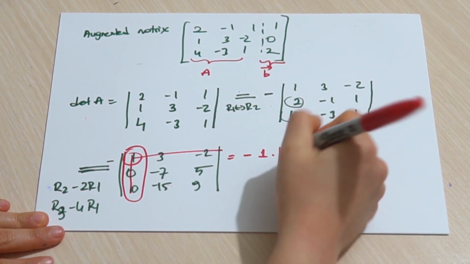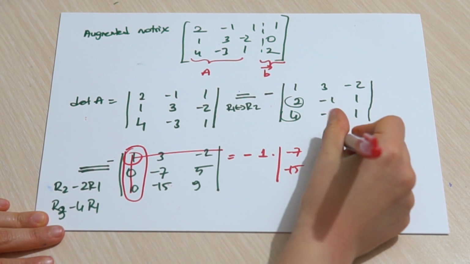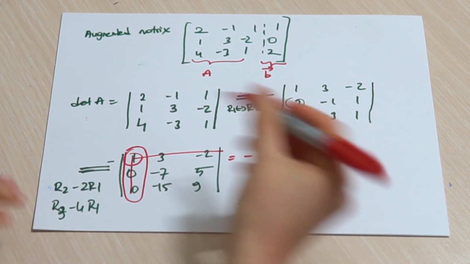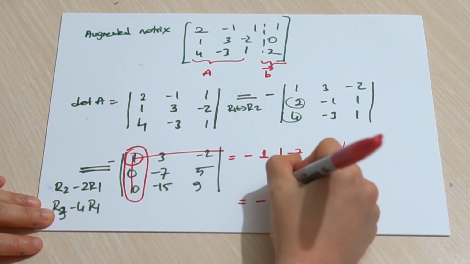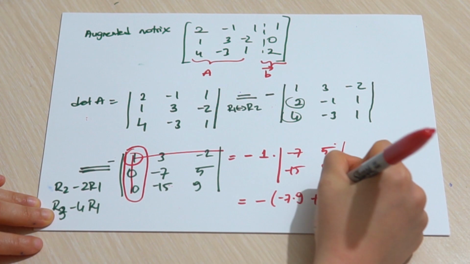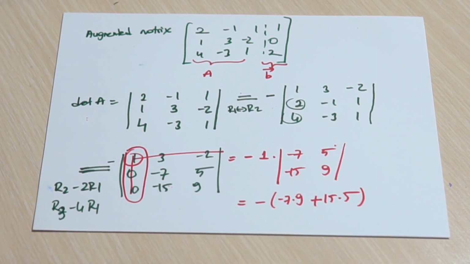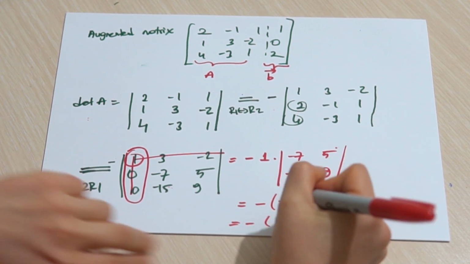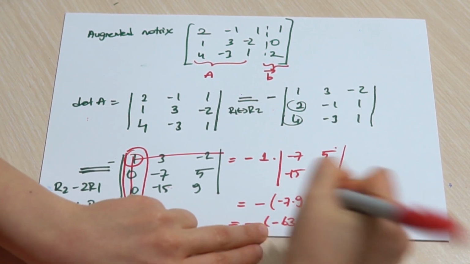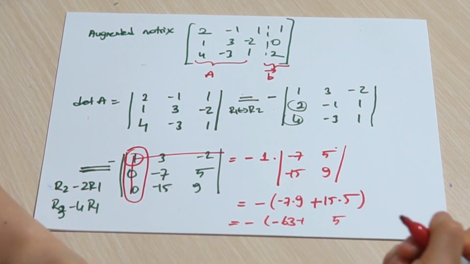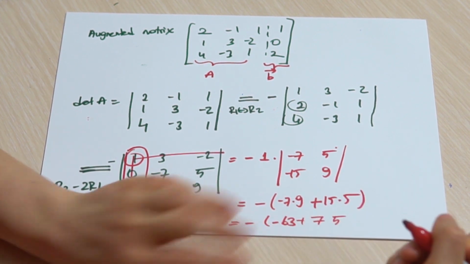Minus 7, 5, minus 15, 9, and this is equal to minus 7 times 9 minus minus 15 times 5, which is equal to minus 63 plus 75.